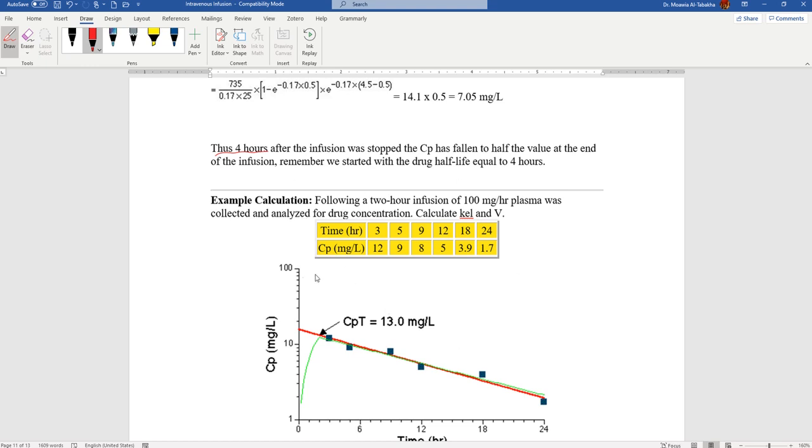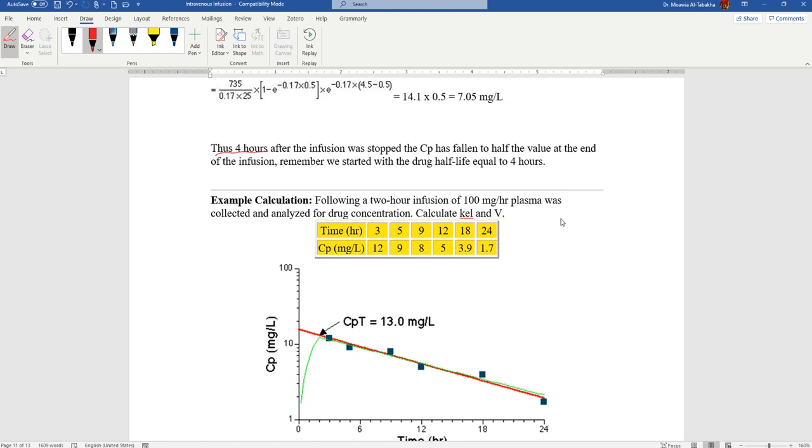Okay, another important question is the following, and this needs a graph. I told you whenever you have a table, usually it means you need to put it in graph paper. Look at the question. It says, following a 2-hour infusion of 100 milligram per hour.